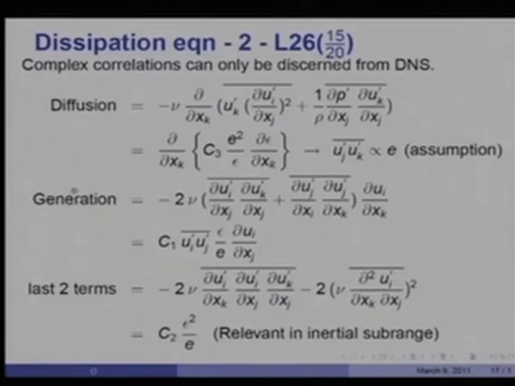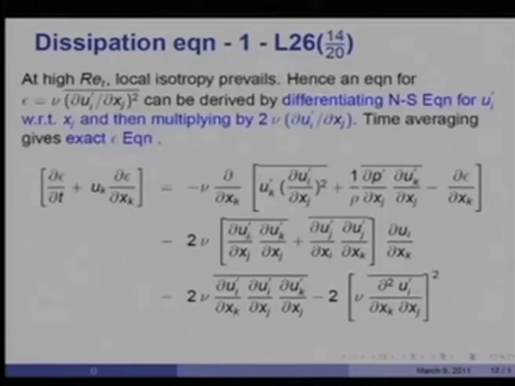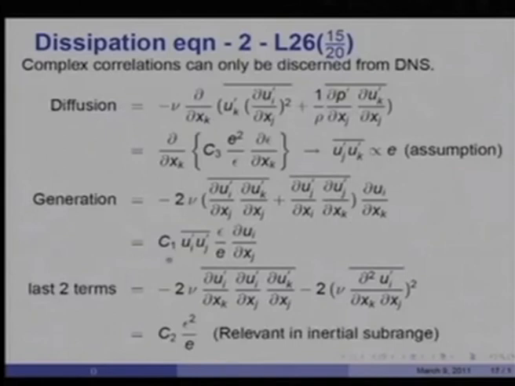The production term, about which I mentioned, is modeled as simply C1 times the ui dash uj dash multiplied by strain rate multiplied by the time scale epsilon by E, and then the last two terms are simply modeled as C2 times epsilon square by E.